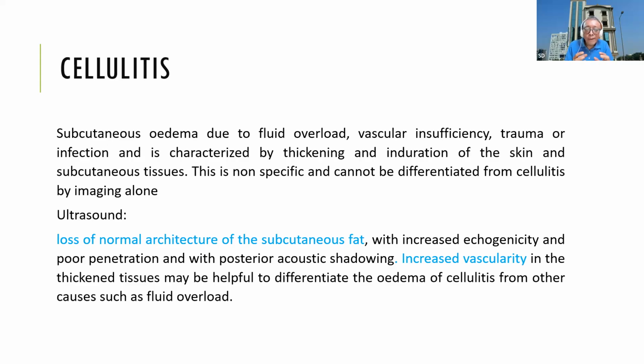But if you see increased vascularity and thickening of the tissue with the ultrasound probe, then these are usually the signs of cellulitis. And usually the systemic signs of cellulitis also have to match, like fever. The patient usually has fever, pain, and redness.